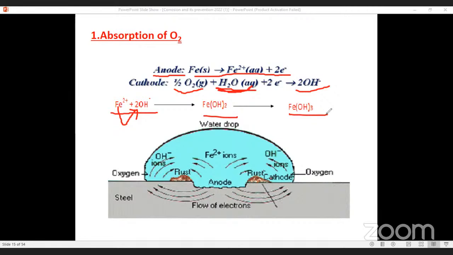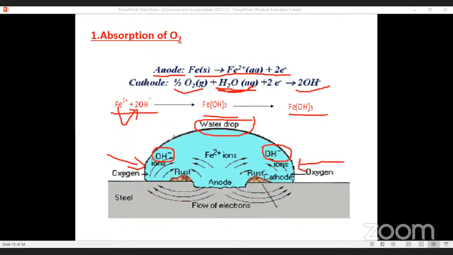Fe plus 2 produces ferrous hydroxide, and Fe plus 3 gives ferric hydroxide. This happens when water drops are there and oxygen absorption is there. Water combined with oxygen produces OH minus ions, and the OH minus ions readily react with Fe plus 2 ions.